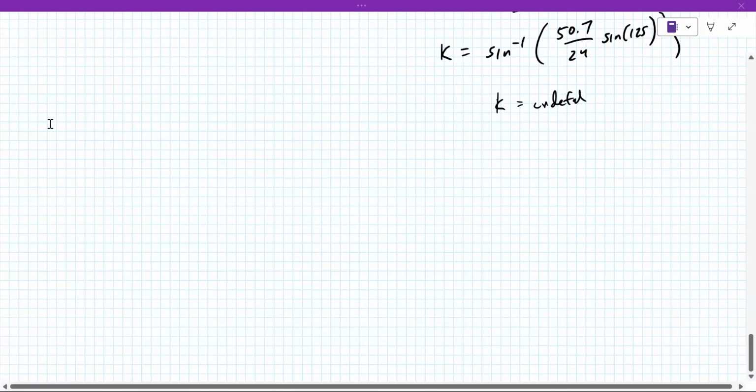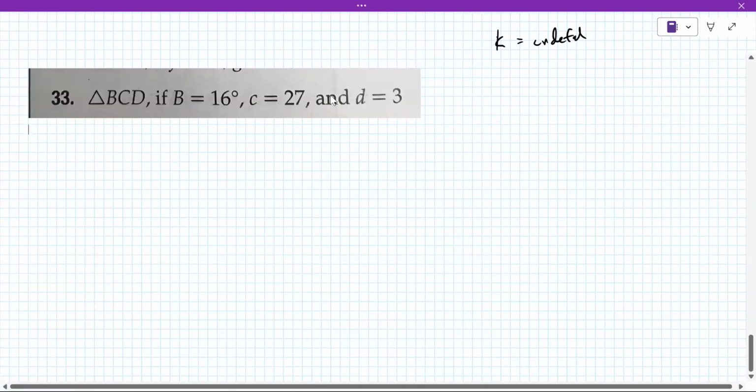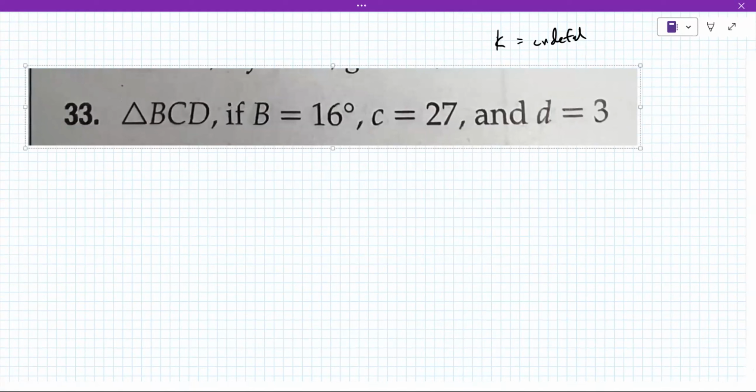All right. Let me look ahead on this one, see if I can tell you if this is going to be a triangle or not.